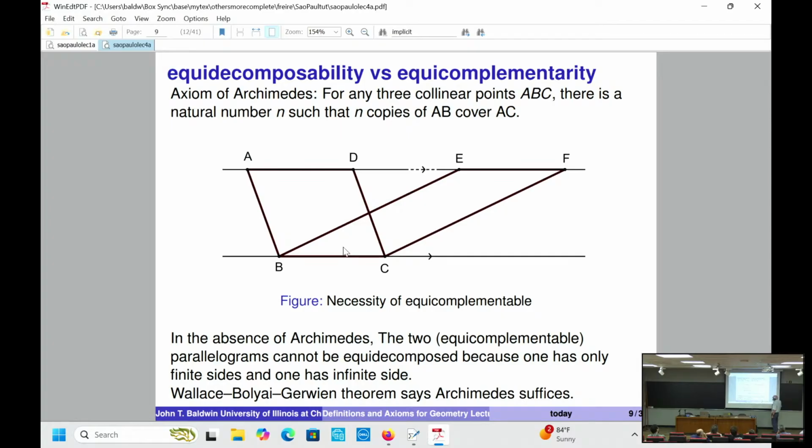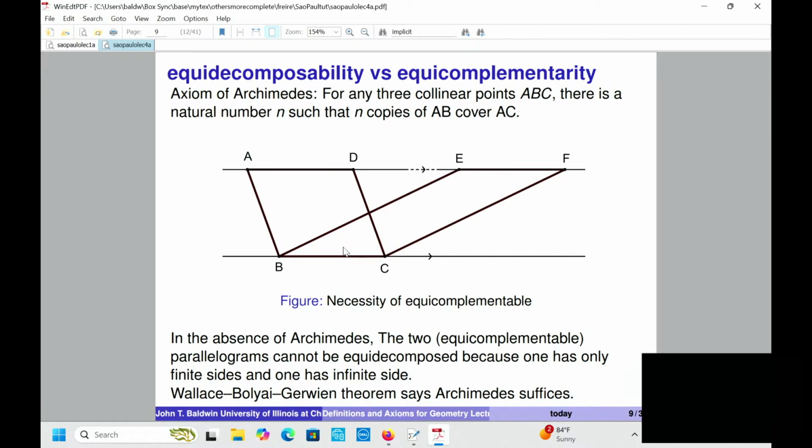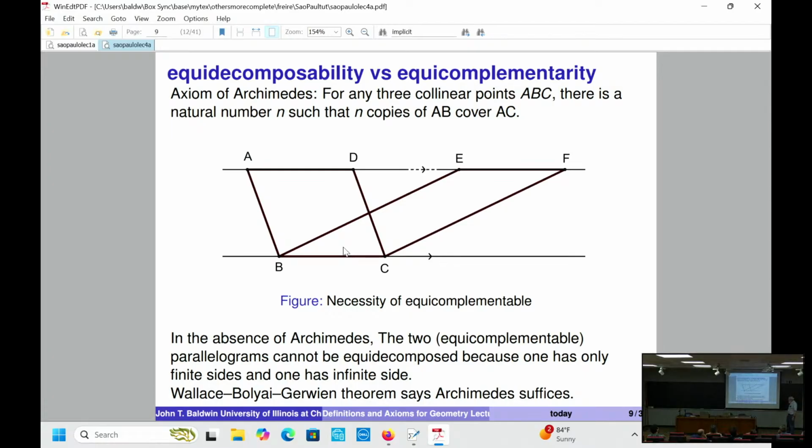And what is finite? Oh yeah, this parallelogram has finite sides, and this one has one infinite side. So there can't be any decomposition going on here, and that's built into the equicomplementability at some point.